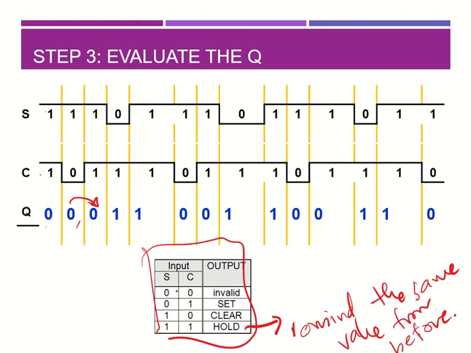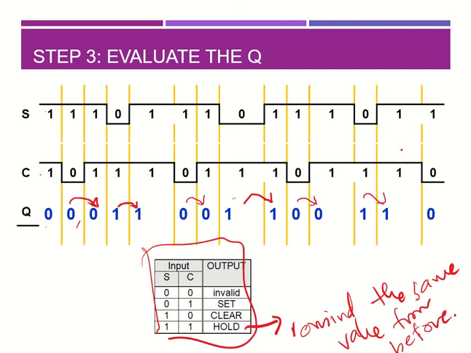So SC 01 is a set, so you have 1. 1 1 is hold, so since the previous one is 1, you're going to have 1 over here. 10 is clear, so you have 0. 1 1 is hold, so you have 0 over here. 01 is set, so you have 1. 1 1 becomes hold, so you hold the value, and 10 becomes clear, so you have 0. 1 1 is hold, 01 is set, you have 1. 1 1 is hold, so hold the value. 10 is your clear, and that's why you have 0.